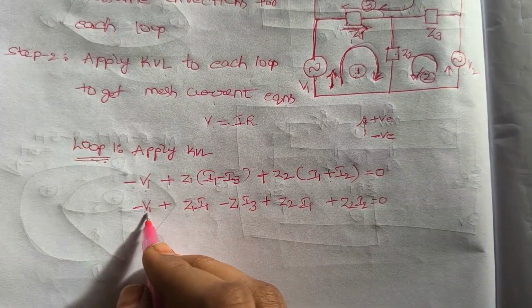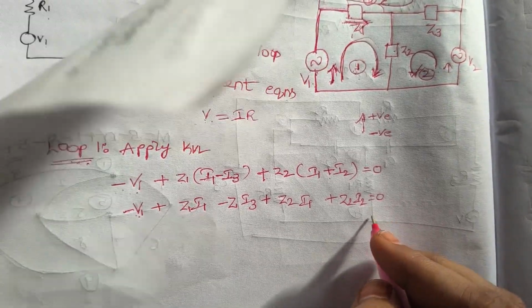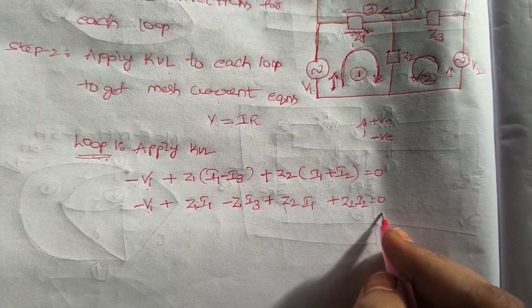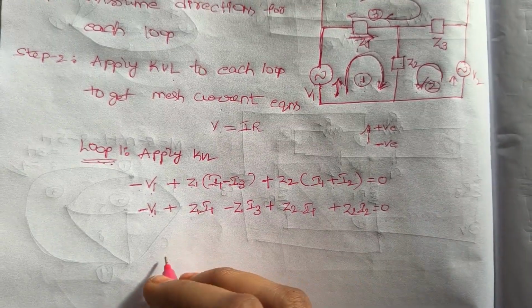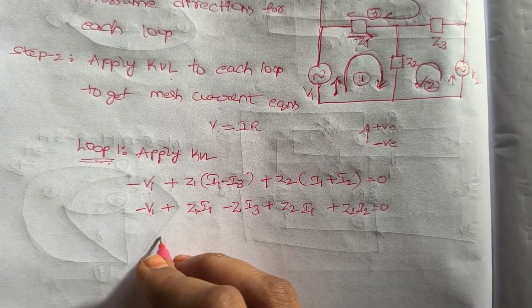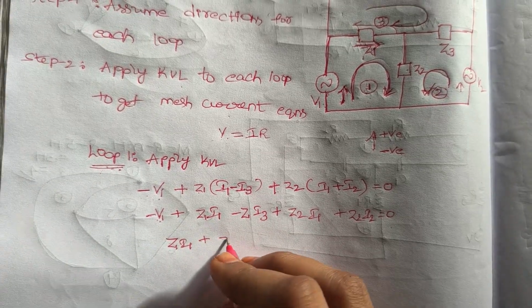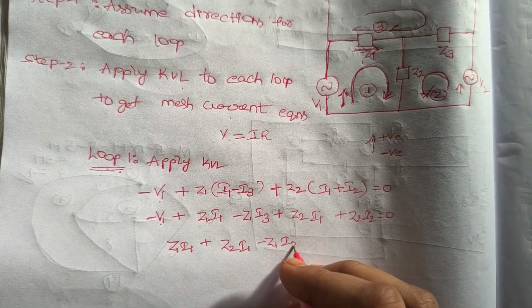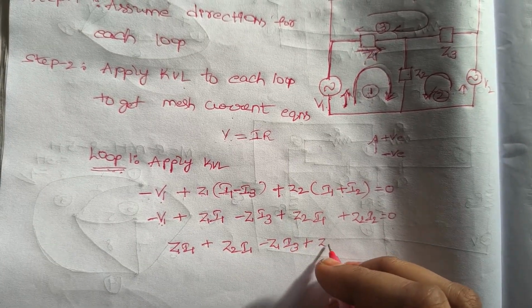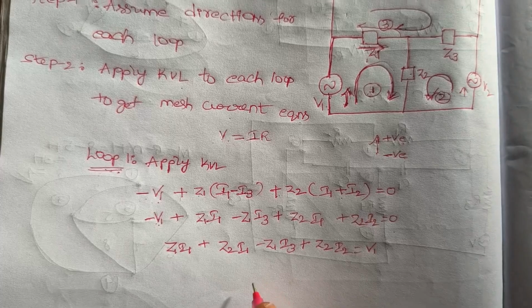This minus V1, when it goes outside of the equals to, it becomes positive V1. So here we have to write Z1 I1 plus Z2 I1 minus Z1 I3 plus Z2 I2 equals to V1.